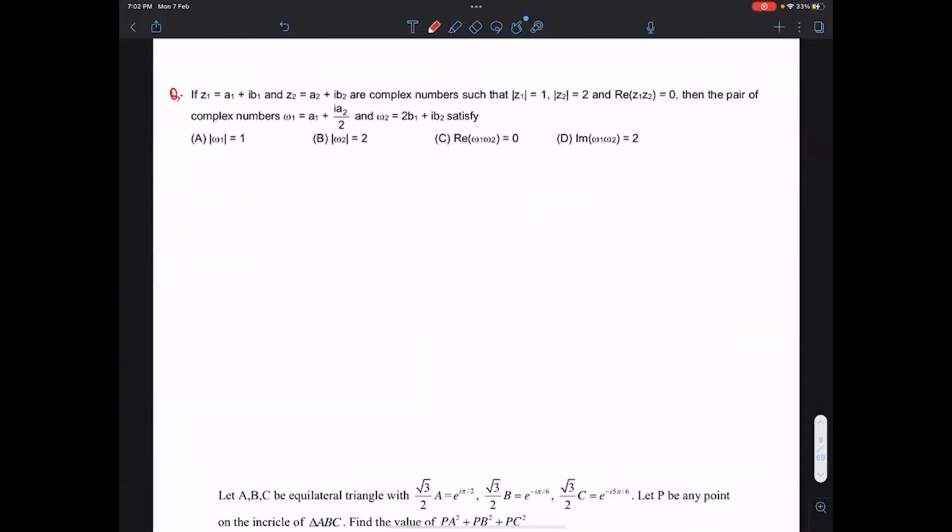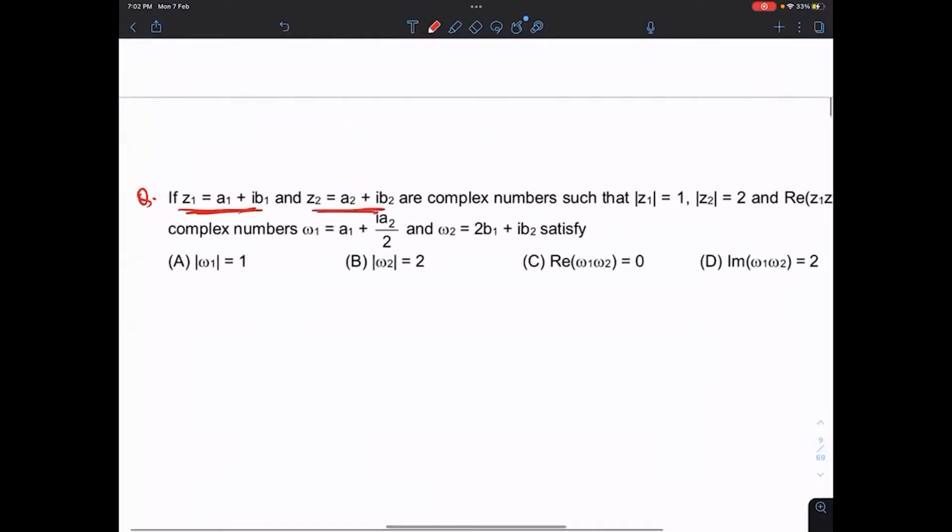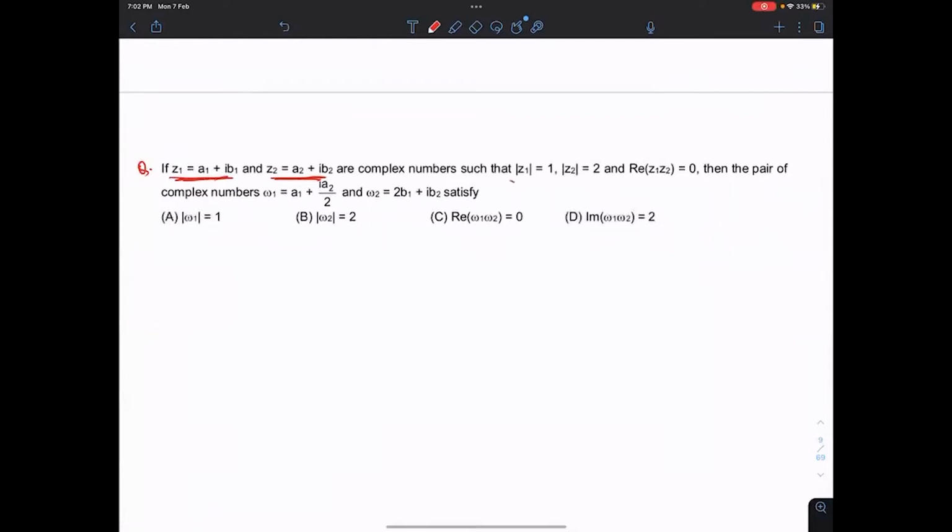Here they have given Z1 as A1 plus I B1, and Z2 as A2 plus I B2, complex numbers such that the modulus is given and the real part of Z1 Z2 is 0. What does it mean, real part of Z1 Z2 is 0? It means Z1 Z2 is purely imaginary. If any complex number is purely imaginary, then its argument will be either pi by 2 or minus pi by 2.